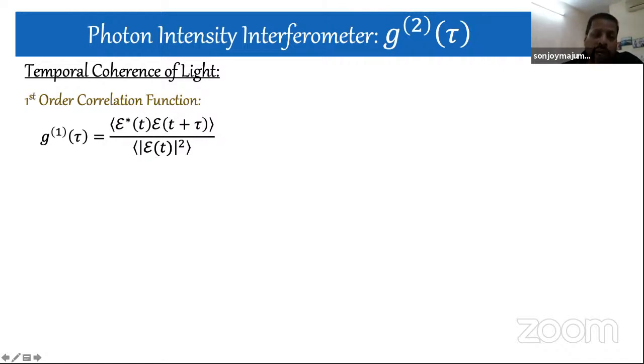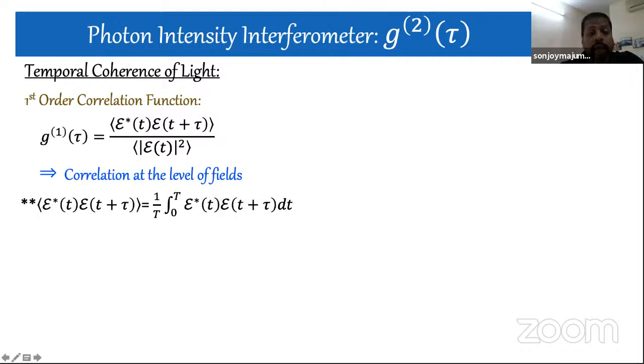What you get is the first order correlation. It gives the correlation at the level of fields, how the field is correlated, which means the phase is also important. The time average can be written as 1 upon the time period T, integrating this function over the time period.